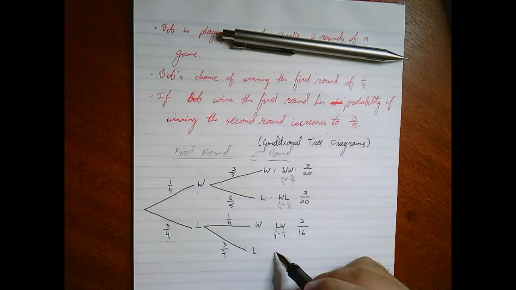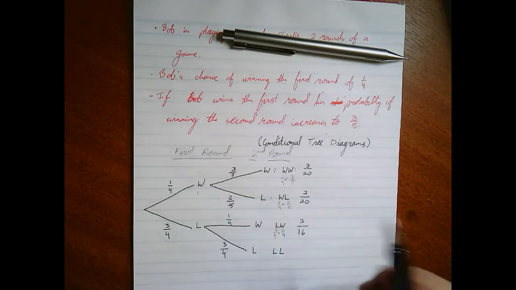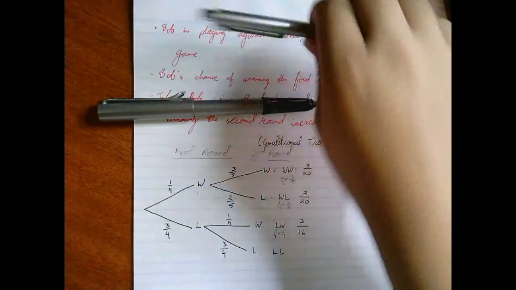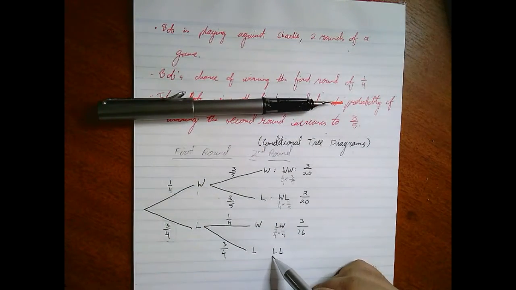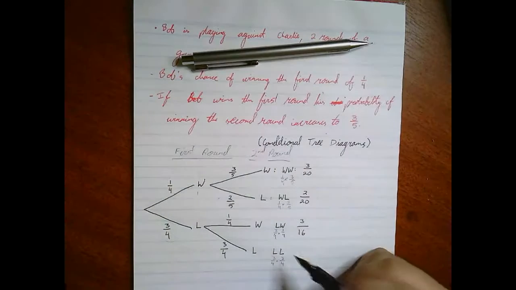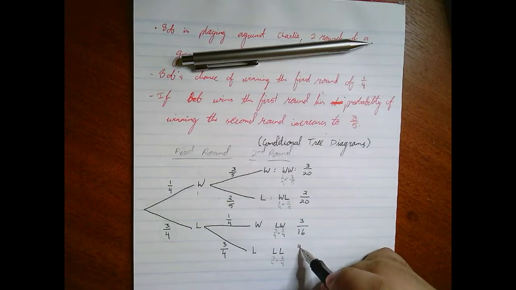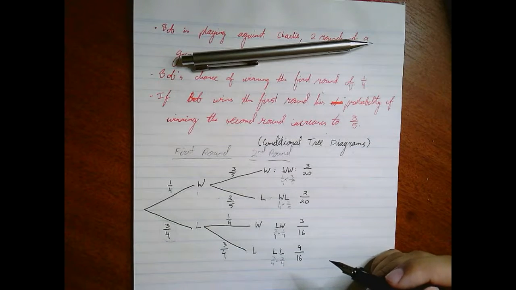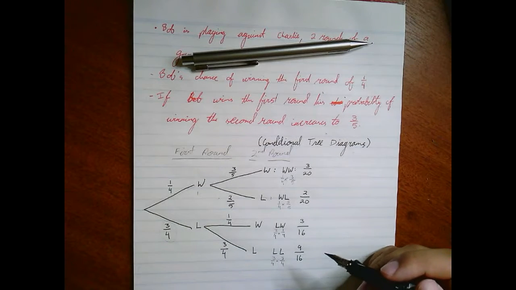This one here would be a loss and then a loss. 3 out of 4 times 3 out of 4. That gives 3 times 3 is 9, 4 times 4 is 16. A 9 out of 16 chance.